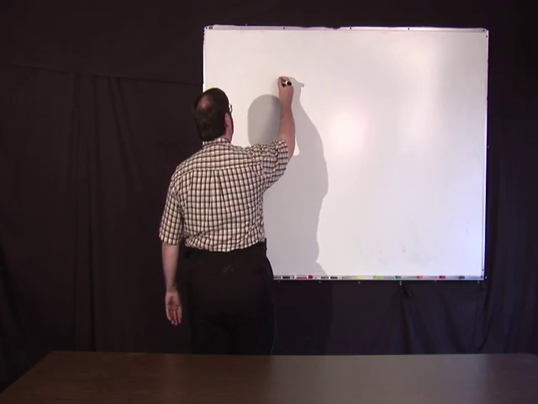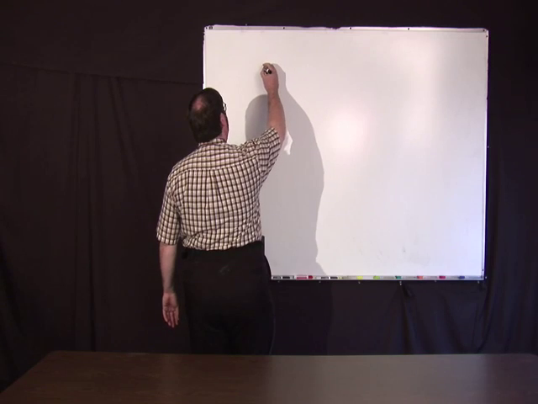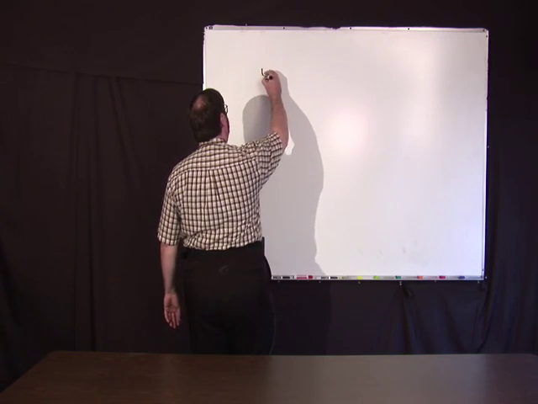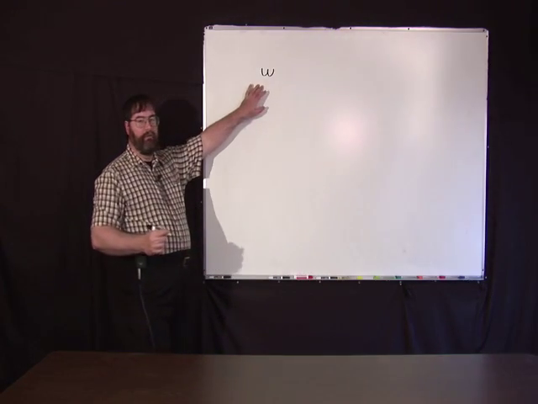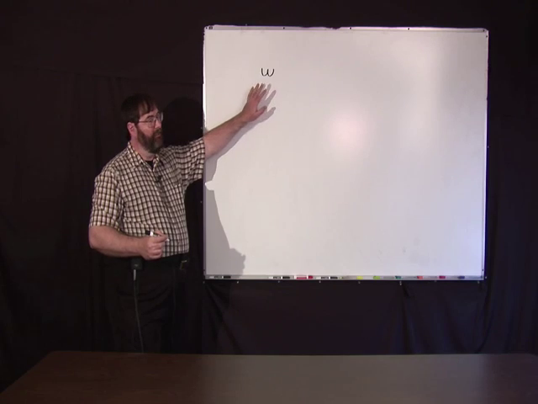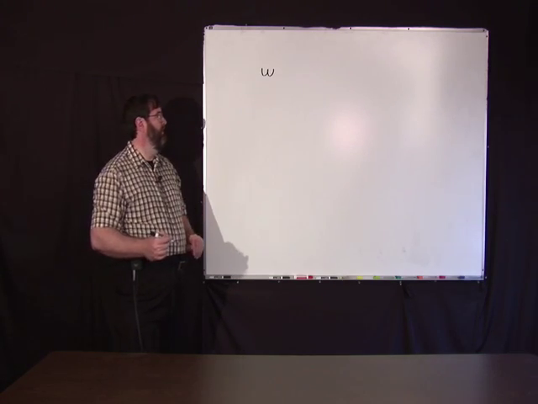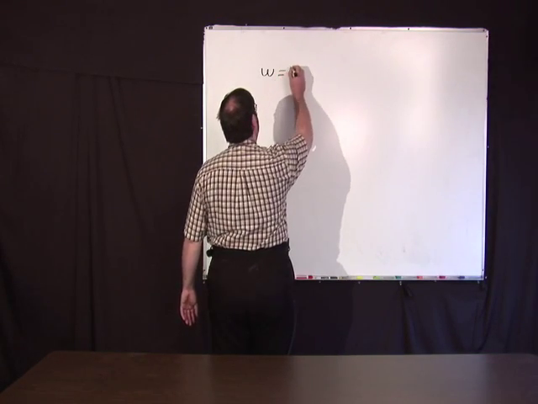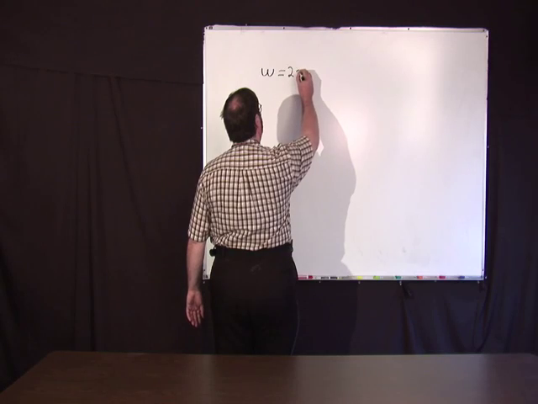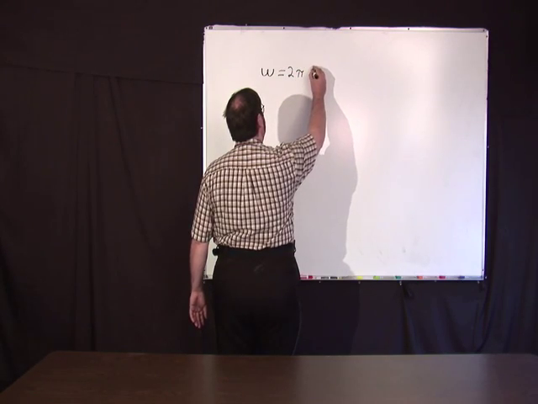Okay, first of all, we just described something called omega, which is the angular frequency. I was about to say that last podcast, but I missed it. It is equal to 2 pi times the frequency.